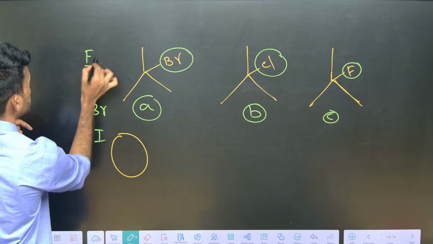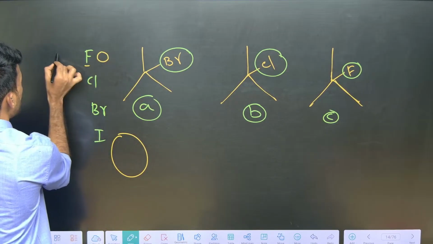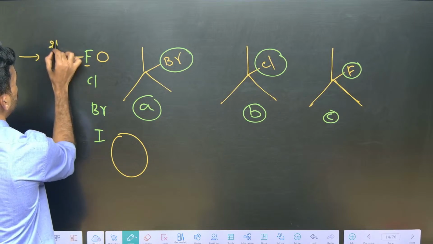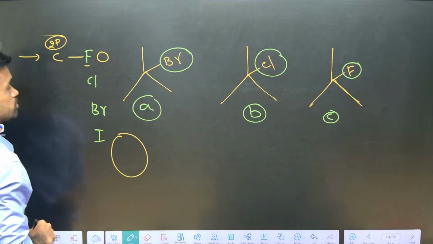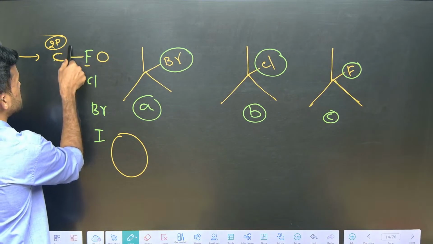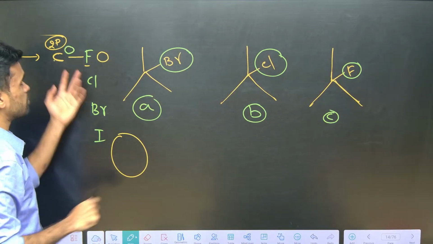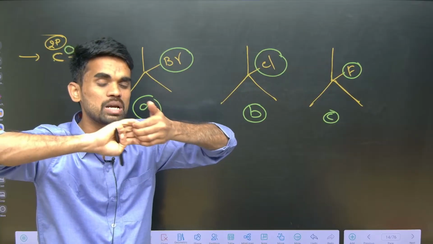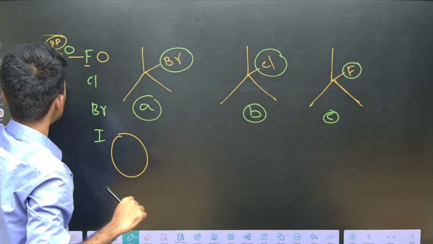Fluorine is very small, like carbon, which also belongs to the second period, the 2p series. Due to this, same-period elements have almost equal sizes, so the bond overlapping will be very strong in the case of carbon and fluorine.